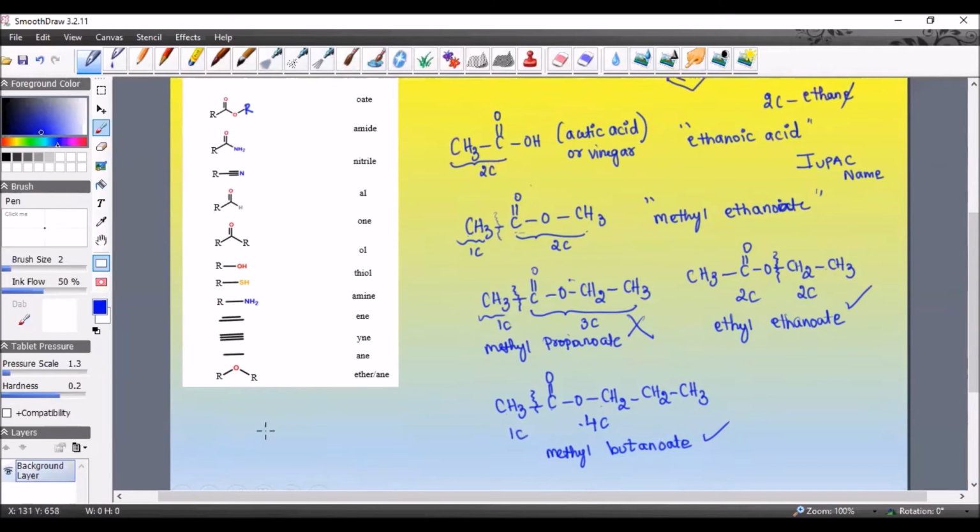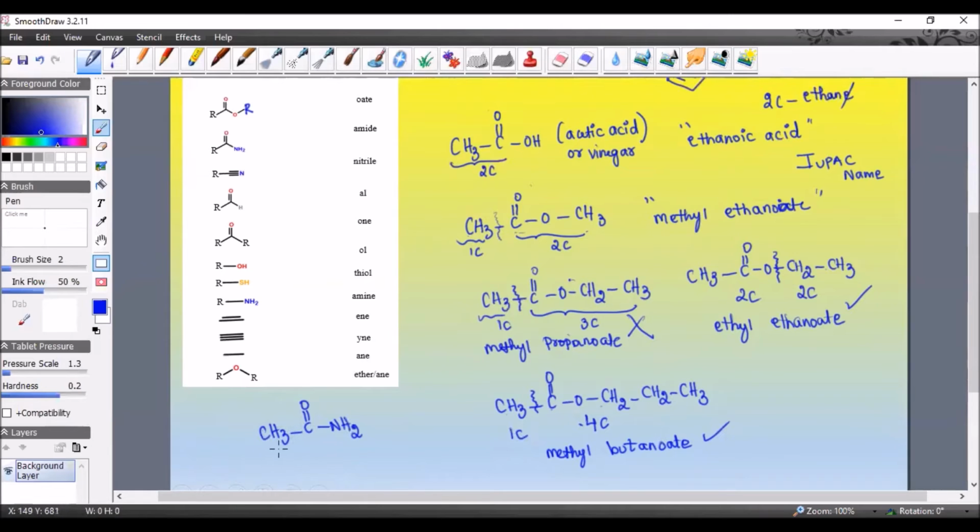Okay, so for an amide, let's say I'm going to take this and add a CH3 to an NH to this. This is the amide group. I just added a CH3. So what is this?